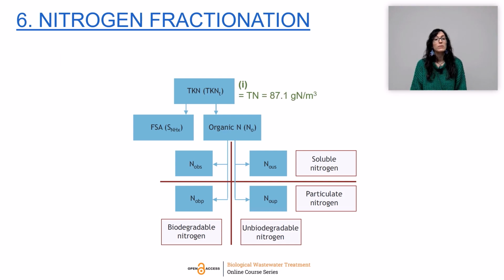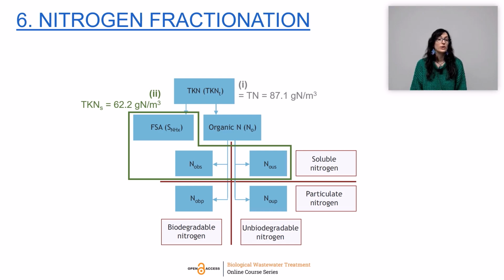As first step, we know what is the total nitrogen concentration that we assume to be equal to the TKN. We also have information on the soluble TKN, and this is equal to the sum of the ammonia and the soluble nitrogen fractions. The next step consists of the calculation of the particulate nitrogen as the difference between the total and the soluble.